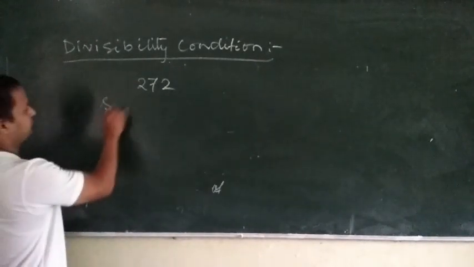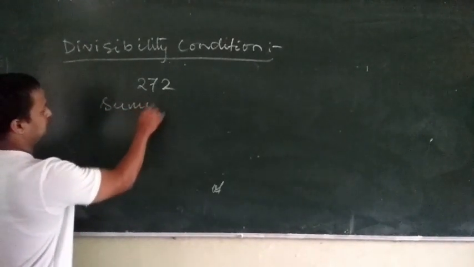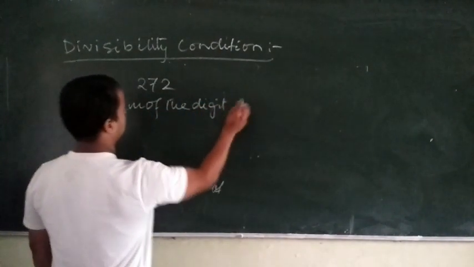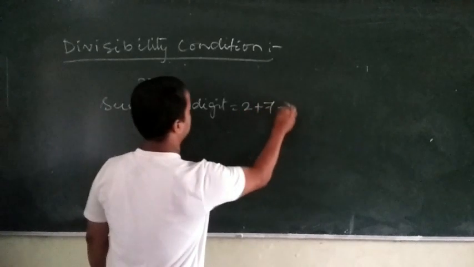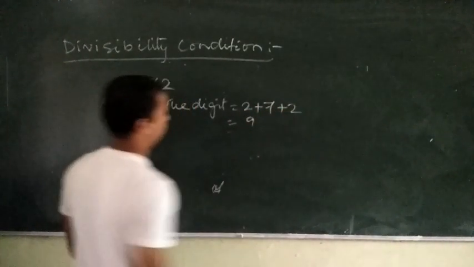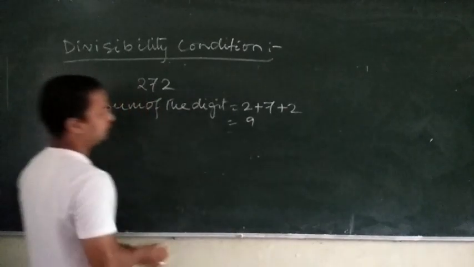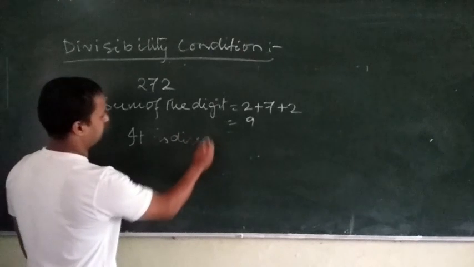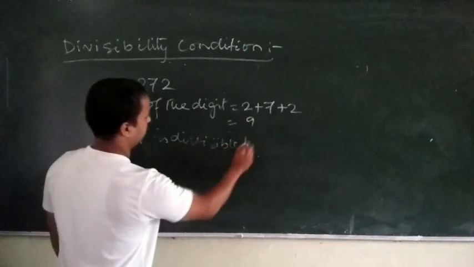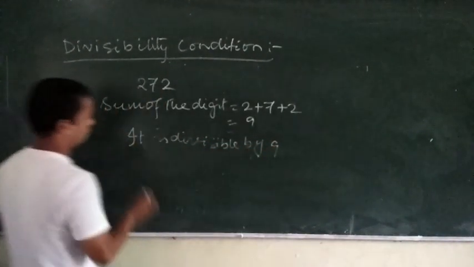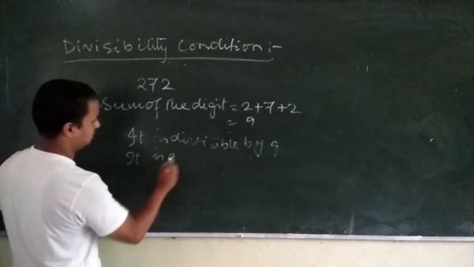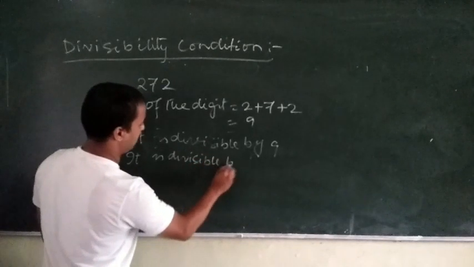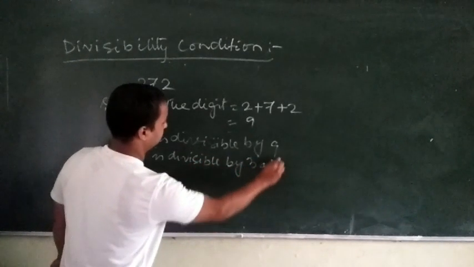Sum of the digits, 2 plus 7 plus 2, we have got 9. So it is divisible by 9, and it is divisible by 3 also.